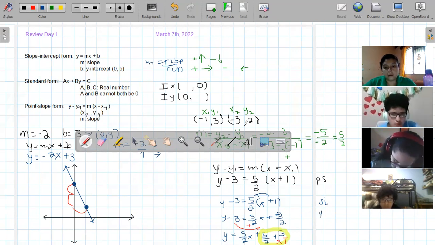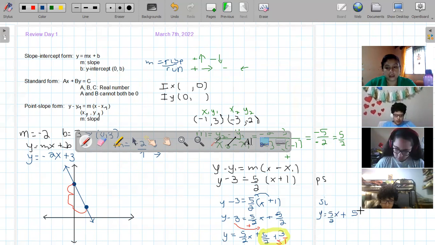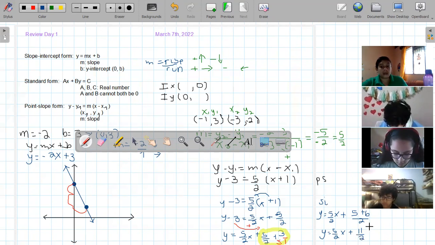So I have y is equal to 5/2 of x plus 5 times 1, that's 5. 2 times 3, that's 6. Over 2 times 1, that's 2. 5 plus 6? 11. So I got y is equal to 5/2 of x plus 11/2. And this is the slope-intercept form.